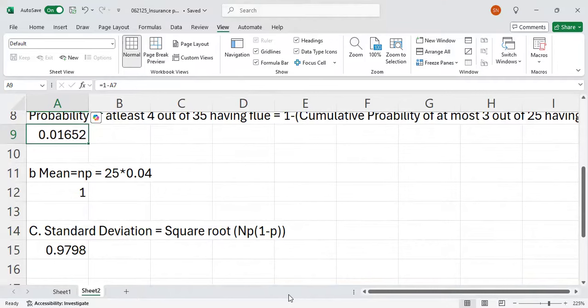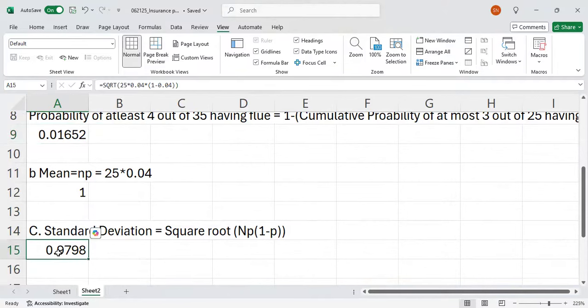And then we used a formula for the standard deviation, which is the square root. Do not forget the square root, otherwise you will get the variance, which is the square of the standard deviation. So square root, in parenthesis, n times p times 1 minus p. What type of formula do I use in Excel?